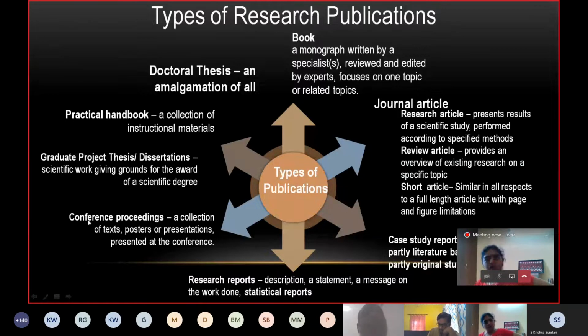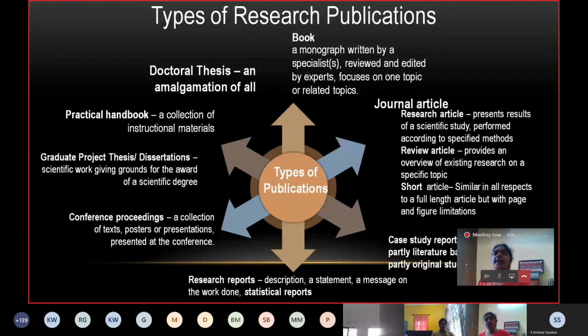Then you have your conference proceedings. Conference proceedings can be a collection of small articles, a collection of posters, a collection of PowerPoint presentations which are presented at a particular conference.